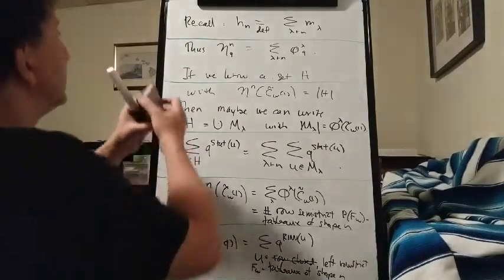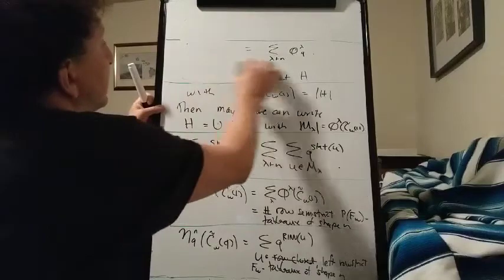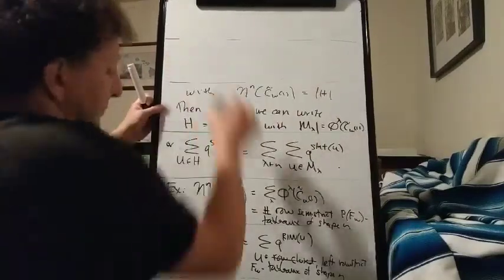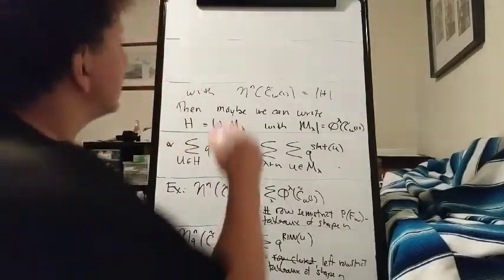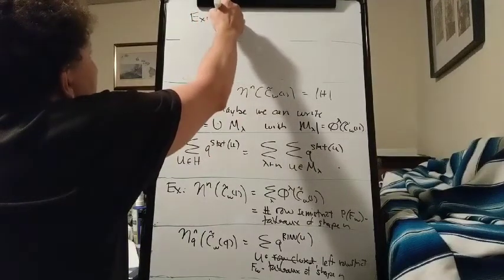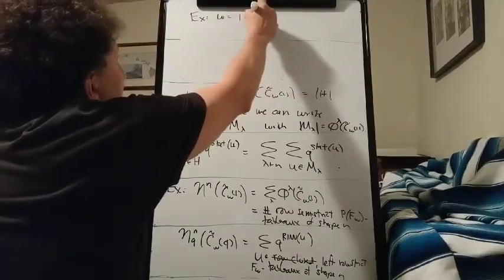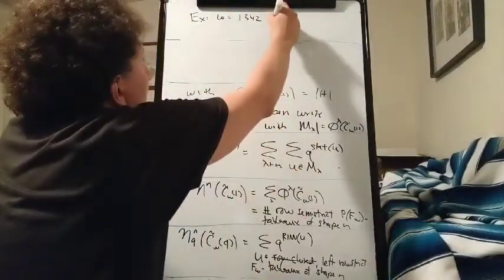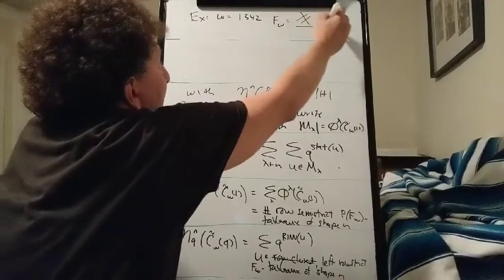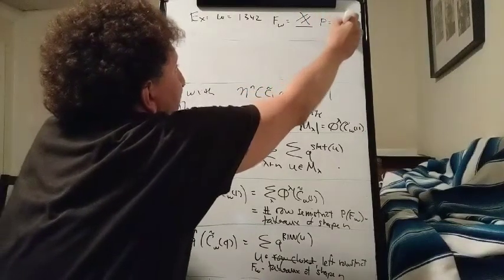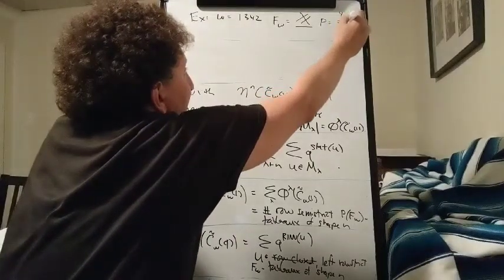So let's do an example. Let's look at the permutation w is 1, 3, 4, 2, with the descending star network looking like that, and the poset is 1 less than 2 less than 4, 3 incomparable to 2 and 4.